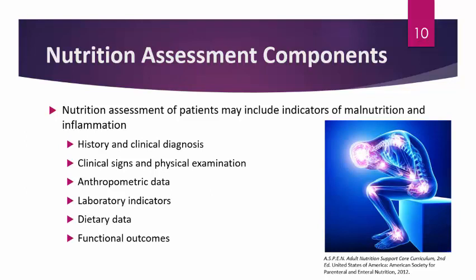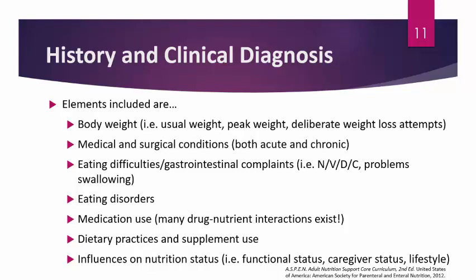Your textbook actually has a lot of great examples of some of the different aspects of each of these components, and I'll highlight a few of them as we talk about each component. So the first thing we're going to talk about is history and clinical diagnosis.